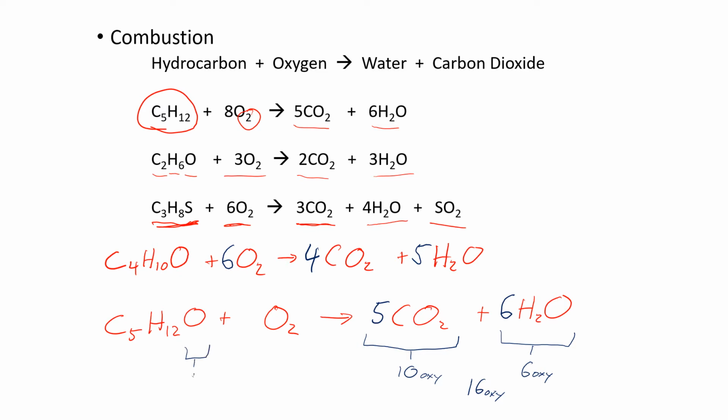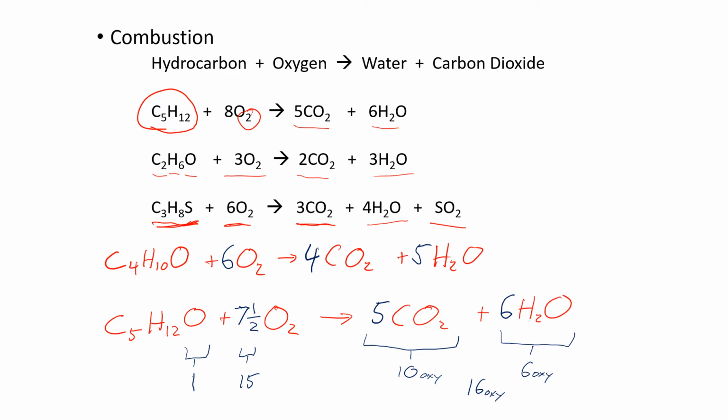Okay, so if I can make this number turn into 15, then 1 plus 15 means the oxygen is balanced. So 2 times blank equals 15. That's going to be 7.5. So I'm going to have 7.5 right there. So 7.5 times 2 is 15. And so I have 16 oxygens, everything is balanced.